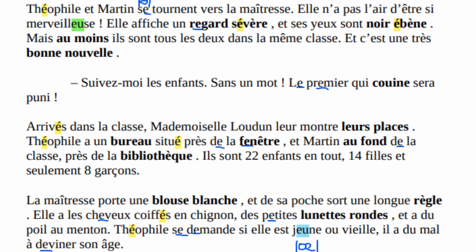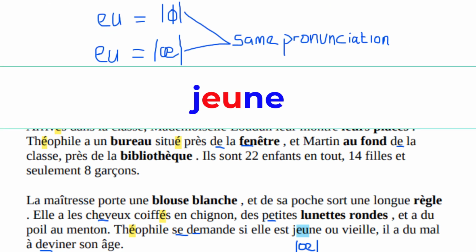Se demande, can we hear the E sound? Si elle est jaune. So here we have our EU that gives the sound E. Note here the EU, the difference is only in the transcription, but the sound is the same. It is the E sound. So we have jeune ou vieille.